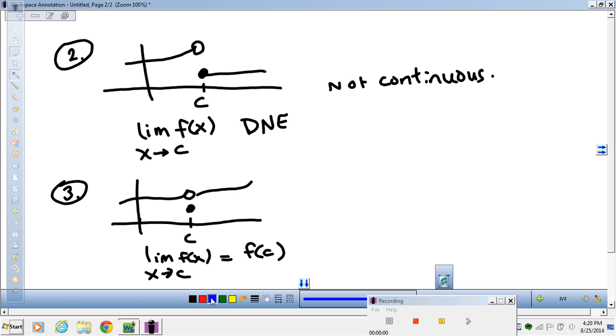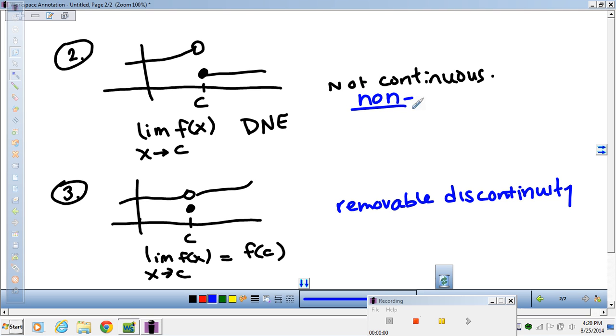And usually when we have this, we have a removable discontinuity. And in situation number 2, when it's not continuous, you have what's called a non-removable discontinuity.